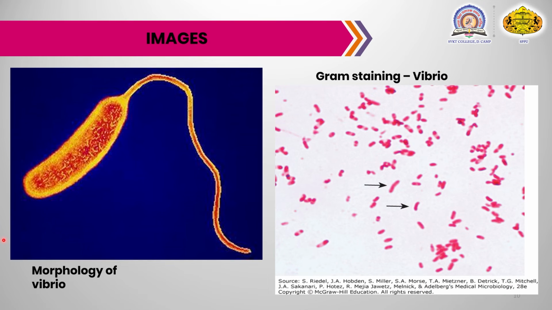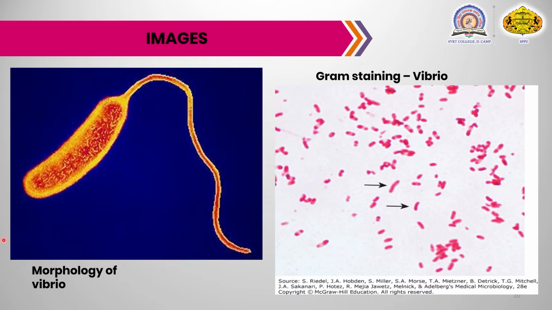It lacks a capsule. Let's see the morphology of Vibrio. In this particular image, you are able to observe two images. One indicates the morphology of Vibrio, and the other is associated with gram staining of Vibrio. So first, let's see the morphology.